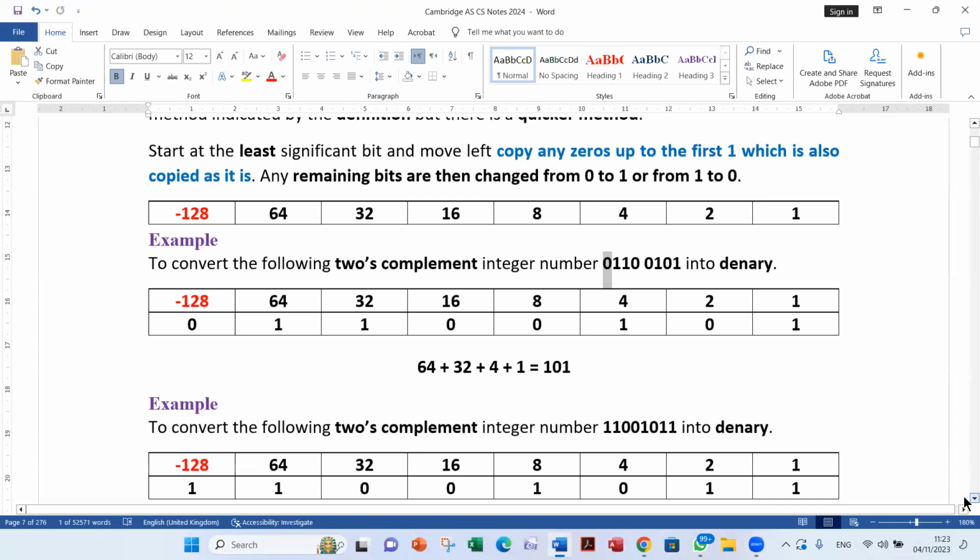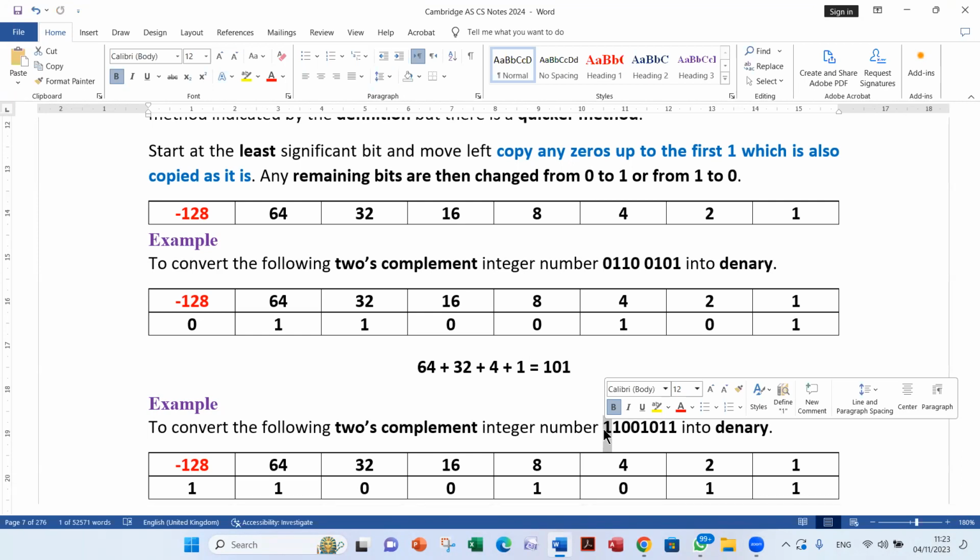Okay, let us get a little bit higher. This is a denary number represented in 2's complement with a 1 on the far left. This means it's going to be a negative number. Please go ahead, calculate it.